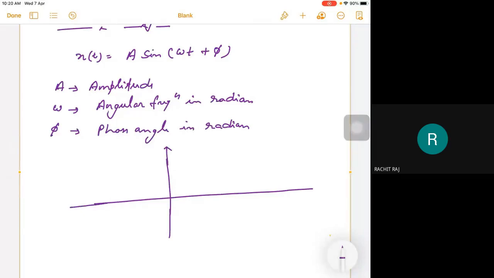That is your x(t), and t is varying from minus to plus.